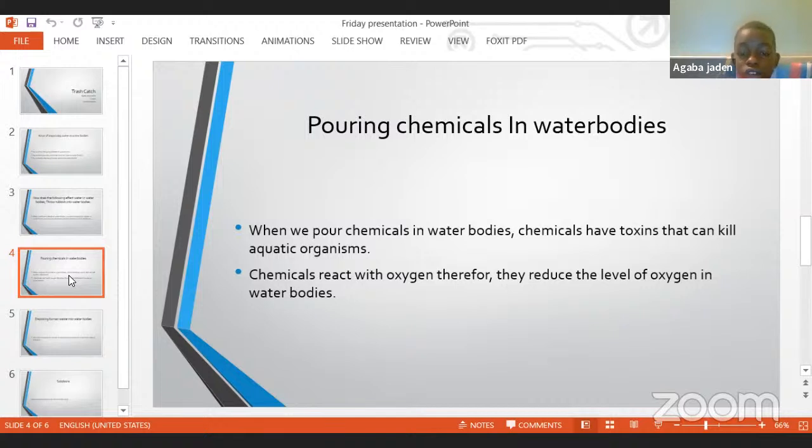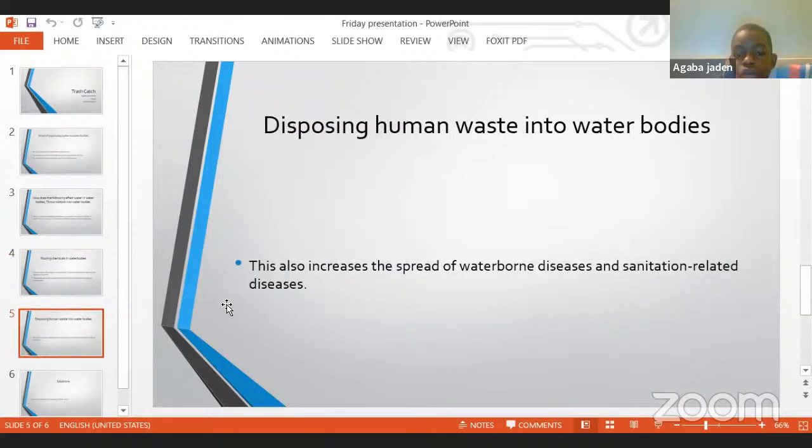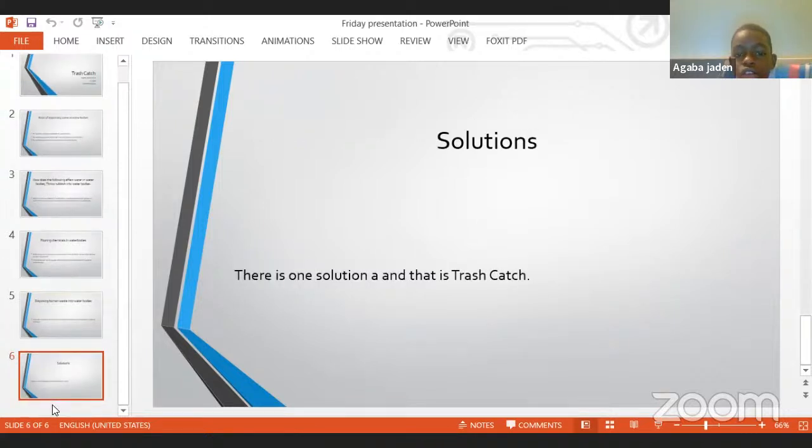Chemicals react with oxygen, therefore, they reduce the level of oxygen in water bodies. Disposing human waste into water bodies also increases the spread of waterborne diseases and sanitation-related diseases. The solutions are, to me, there's only one solution, and that is Trash Catch.